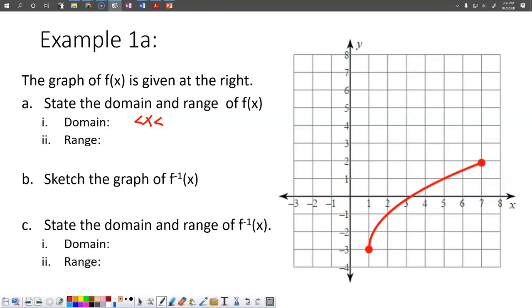So all the possible values of x: it looks like it goes from x equals 1 to x equals 7. And those are closed dots, so we'll put some equal signs there. As for the range, the lowest y value on the graph is -3, and the highest y value seems to be 2. And once again, we're going to put equal signs there. So that's it for that.